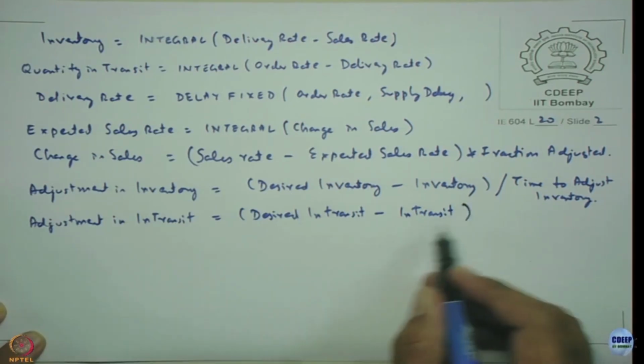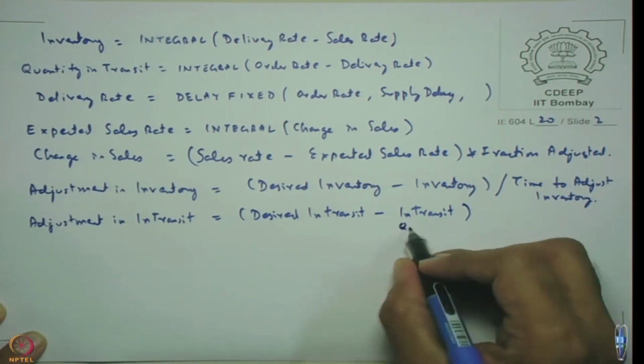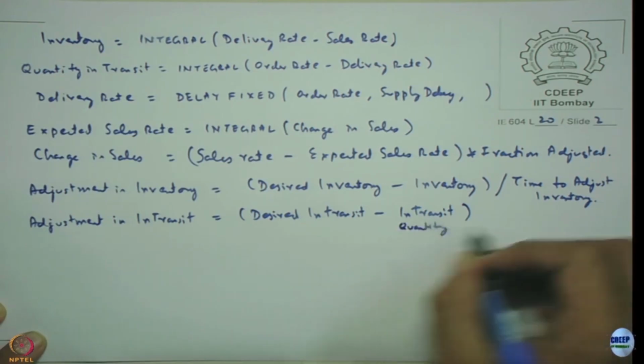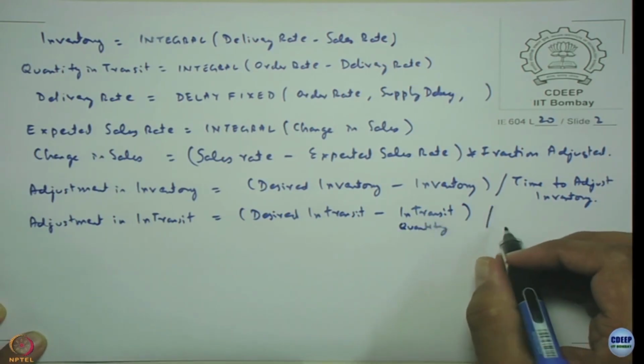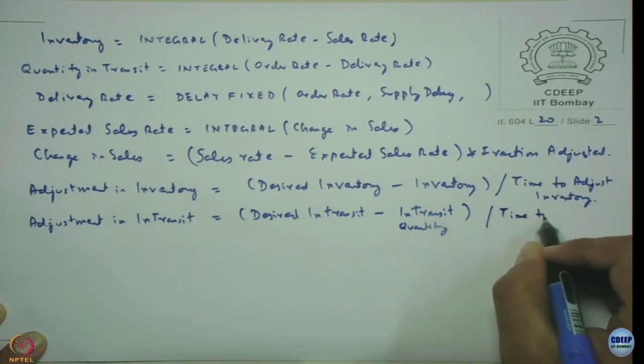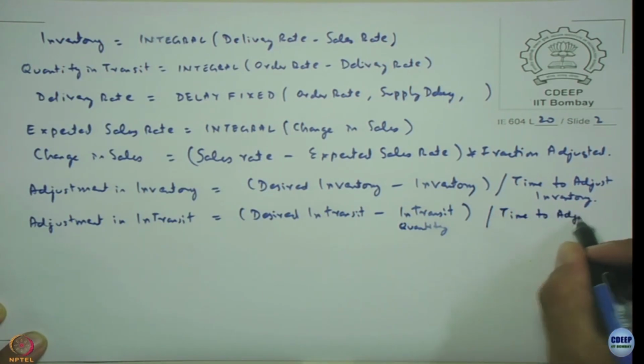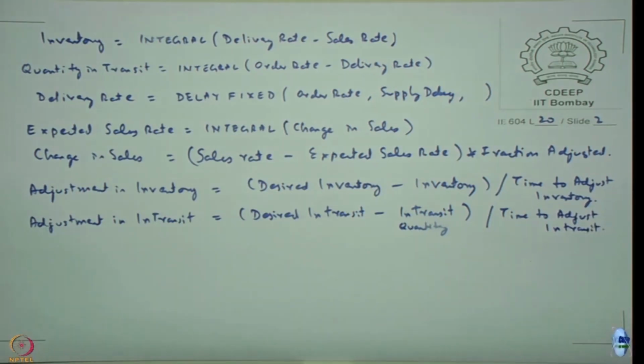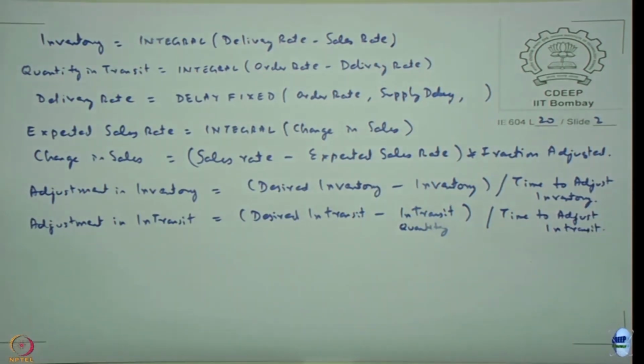Quantity in transit, this is the stock in transit quantity, divided by time to adjust in transit. So, these are two variables that we are having.